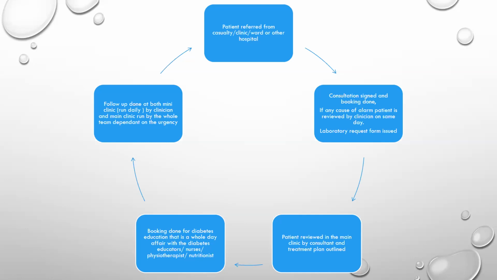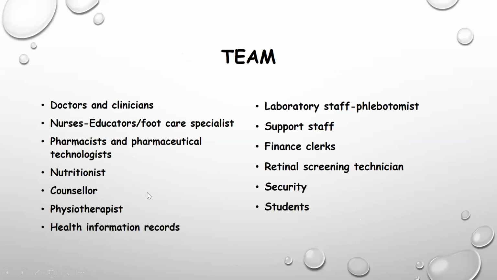When you see a new patient, it can take from 20 minutes to 1 hour, depending on the complexity of the patient and the comorbidities they have. Sometimes you might see a consultant has only seen 4 patients and you wonder what they were doing the whole time, but it's because of trying to get this treatment plan.